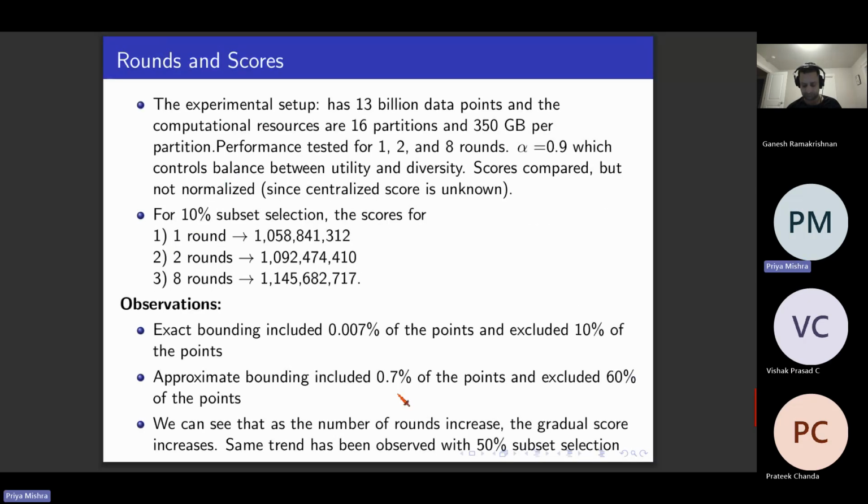We observe a trend that as... approximation guarantee, I think it's at least 50% approximation guarantee. We can observe the trend that as the number of rounds increases, the score also increases.